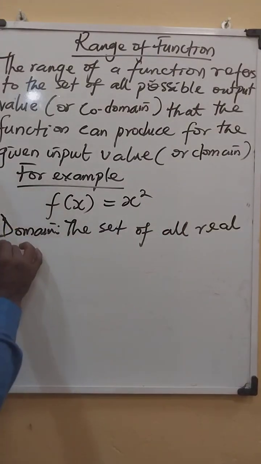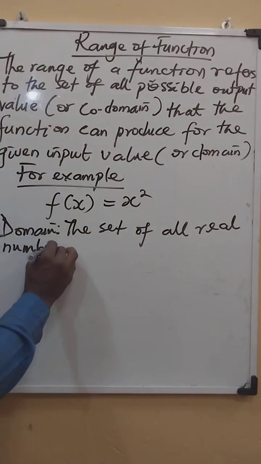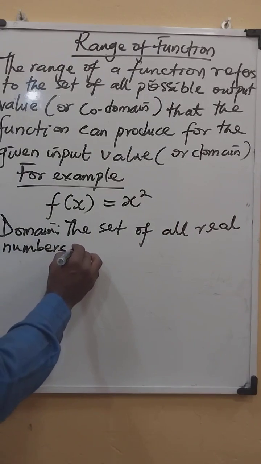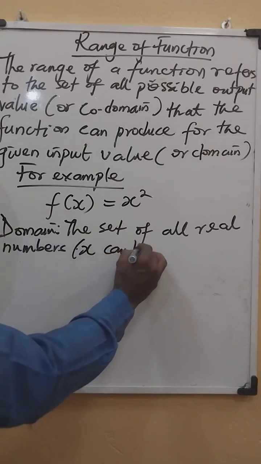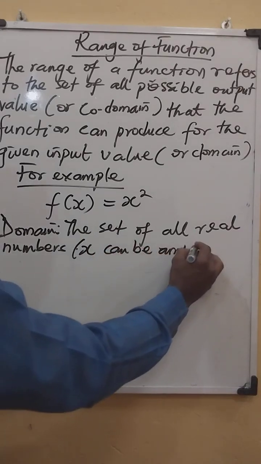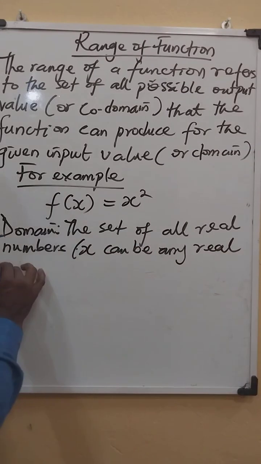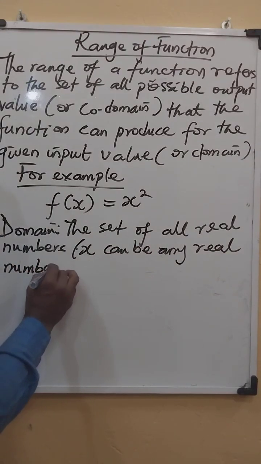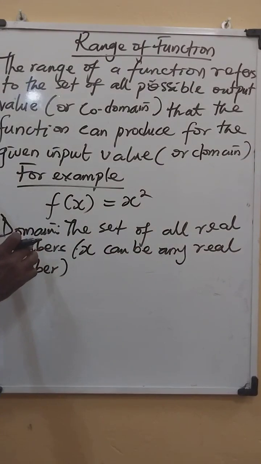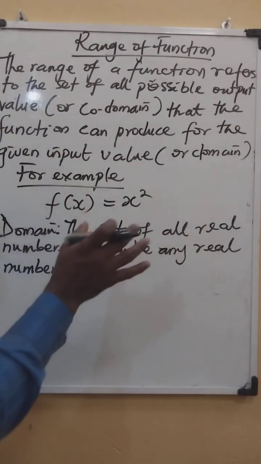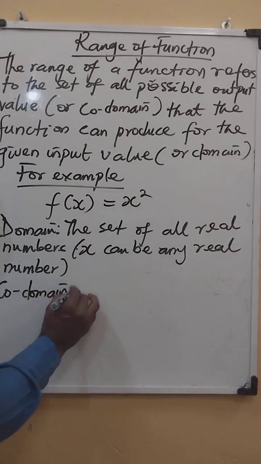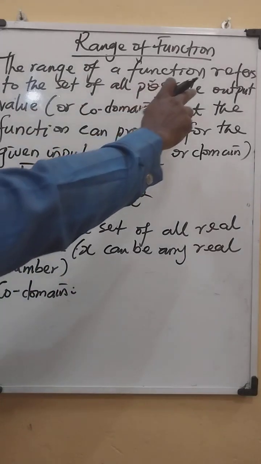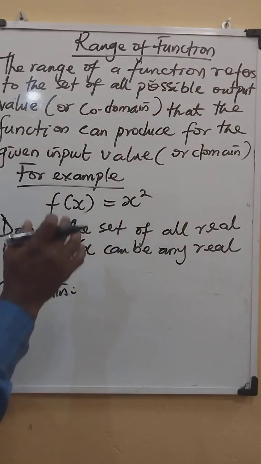Do we remember real numbers? I'm going to ask a question there: what is a real number? So prepare. x can be any real number. The codomain is the output, while the domain is the input in this case.